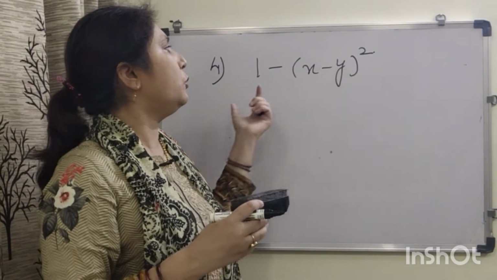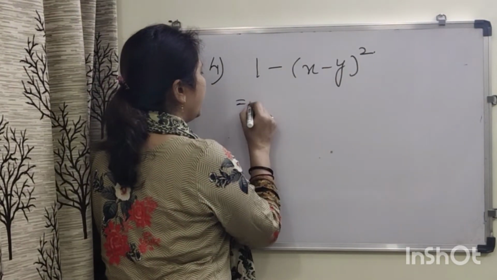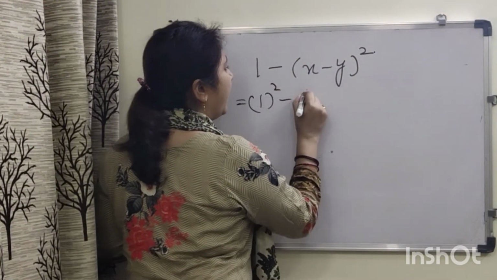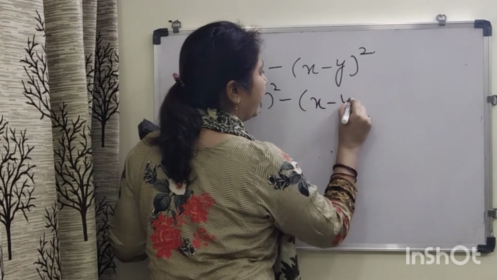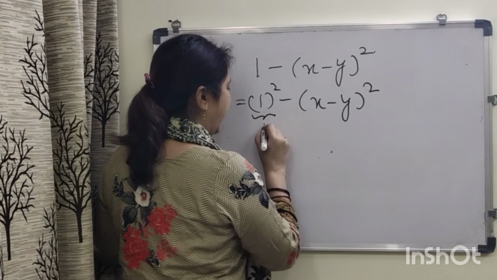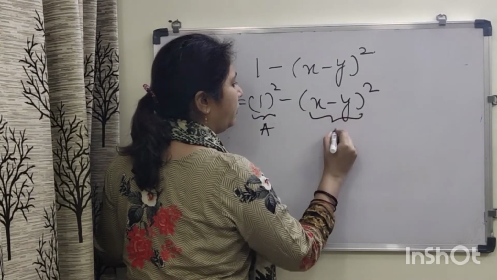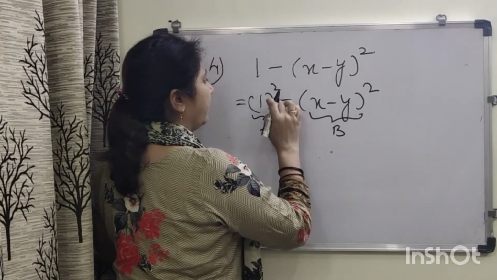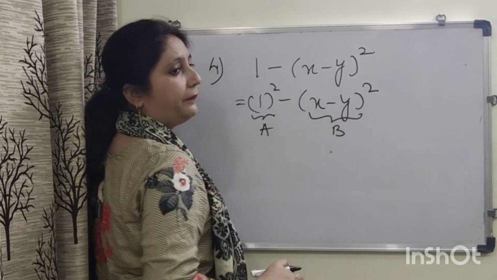You can see 2 whole square terms. This one can be written as 1 square, and this is your (x minus y) whole square. This you treat as A, this entire you treat as B. So it is A square minus B square.